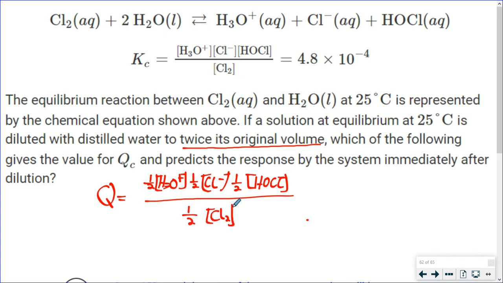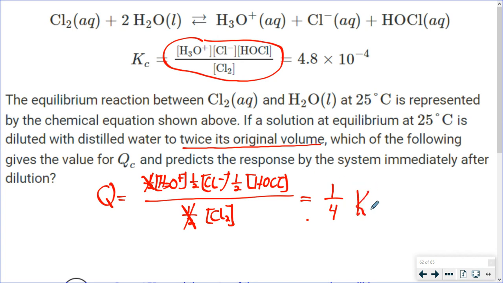So let's look and see what happens here. One of these 1/2s cancels with this one, and we end up with 1/2 times 1/2 on top, which is 1/4. So we would get 1/4 of our original concentrations, which would be this expression right here if you take those 1/2s out. And so it'd be 1/4 of our Kc.